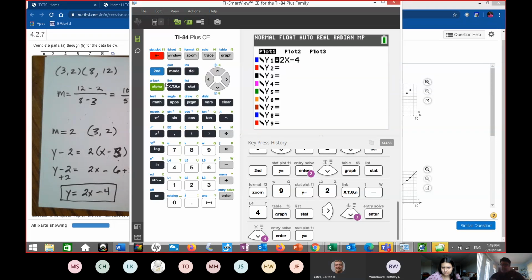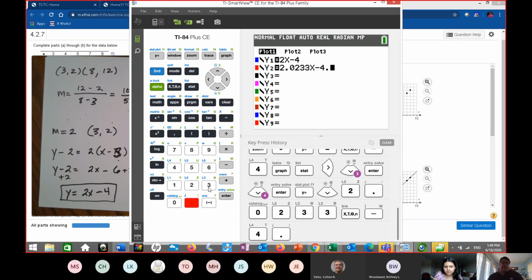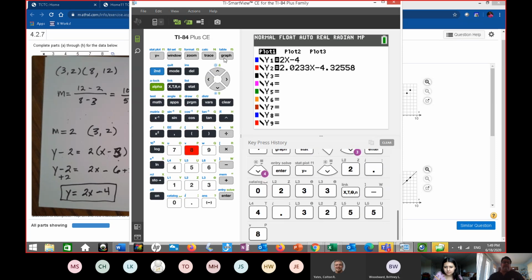All right, so now I'm going to type that in, and I'm going to put it in red. So that's going to be 2.0233x minus 4.32558. And graph.